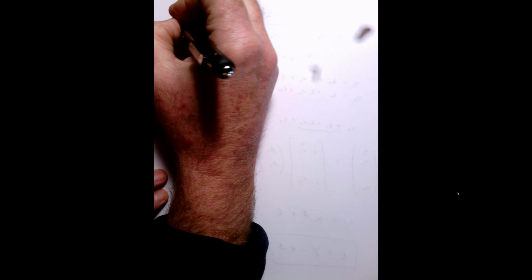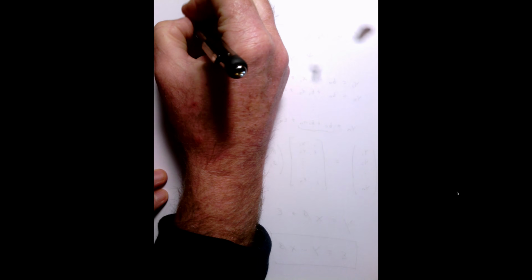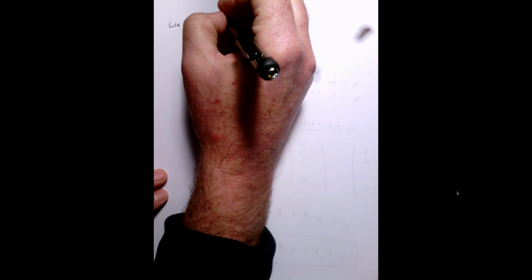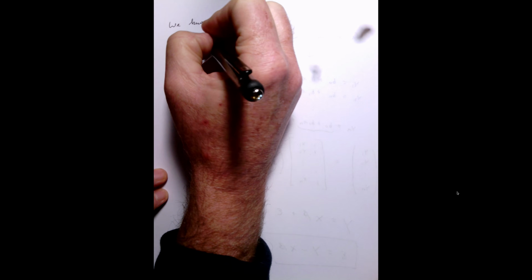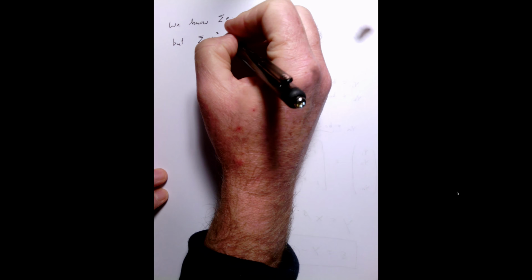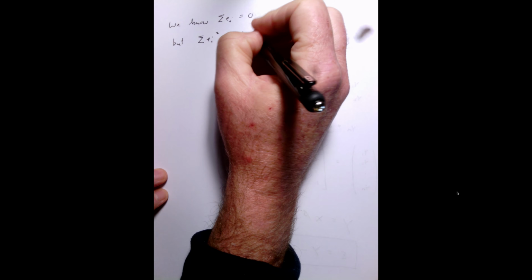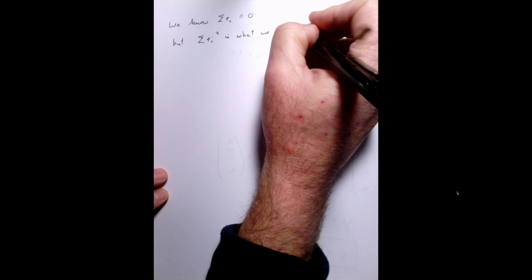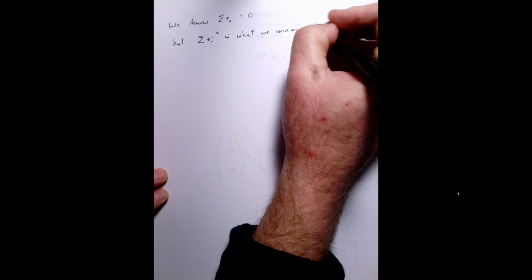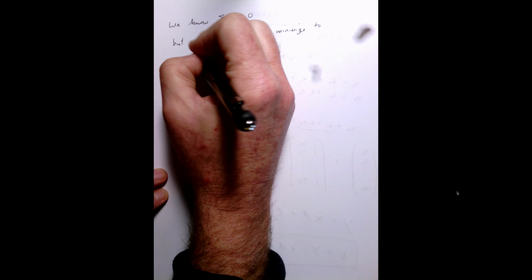Okay, so we've established just a little bit of stuff that we're going to need. Now, let's go way back to lesson 1. We know, for example, that the sum of the errors is equal to 0, but the sum of the errors squared is what we minimize to get our estimates.